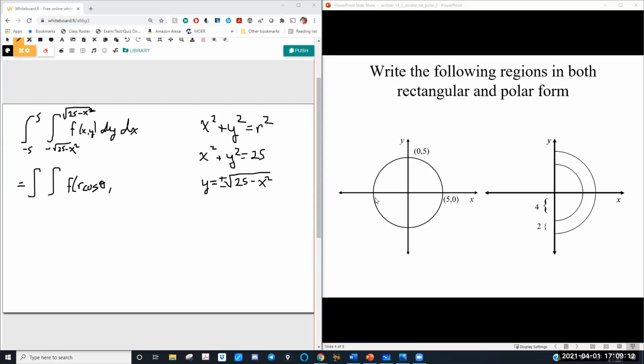So that's why our inside limits can be functions, but our outside limits end up just being constants. It's kind of hard for me to draw on here, but the way that I think about it is, I'm going from this lower limit to this upper limit, and my y's are going up and my x's are staying between -5 and 5.